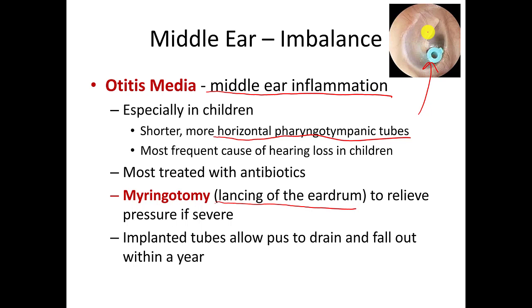That is the eardrum, and you can see that bright tube right there. This is basically doing the same thing as a laryngotomy. They lance the eardrum, they insert this little plastic tube. That plastic tube will eventually fall out, but in the meantime, it's holding that eardrum open so that as pus builds up behind it, it can quickly drain. And this is going to help to prevent those ossicles from fusing together.